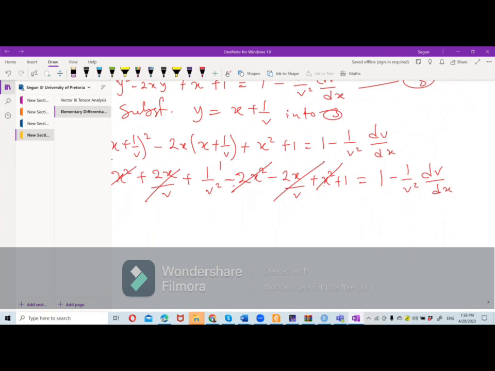You are right, Bernard. But you are left with 1 all over v squared equals to minus 1 all over v squared.